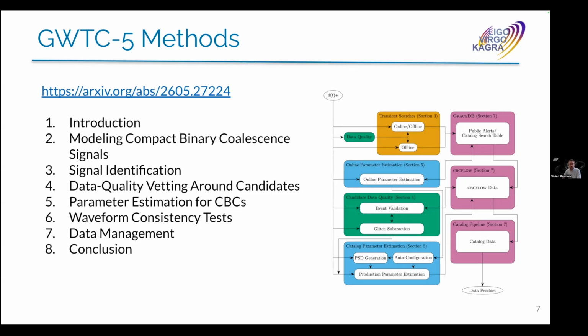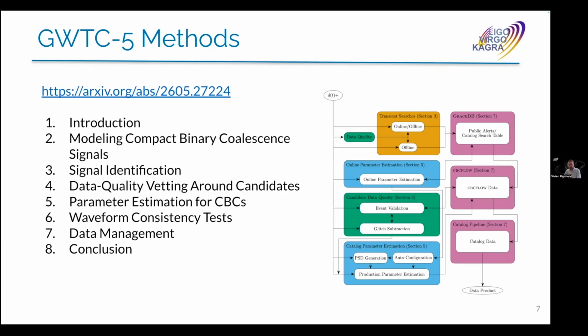It goes through all of the different aspects of the data analysis, in particular, modeling compact binary coalescence signals, finding them, data quality vetting, the inference of the parameters of those signals, consistency tests, data management, and so on.